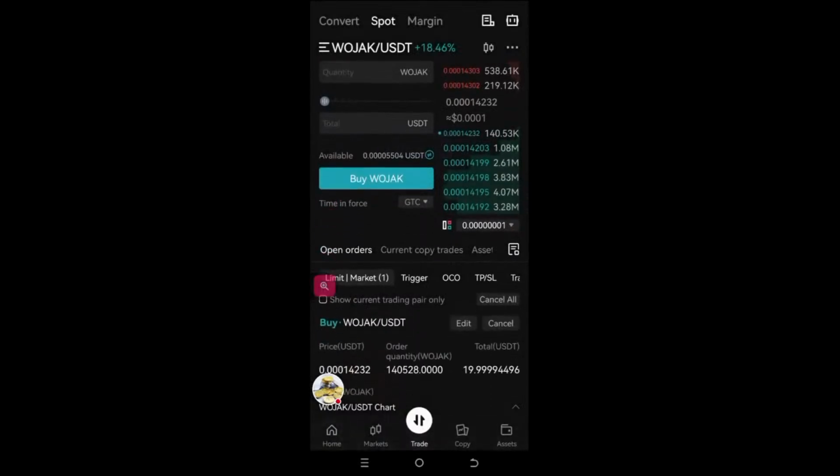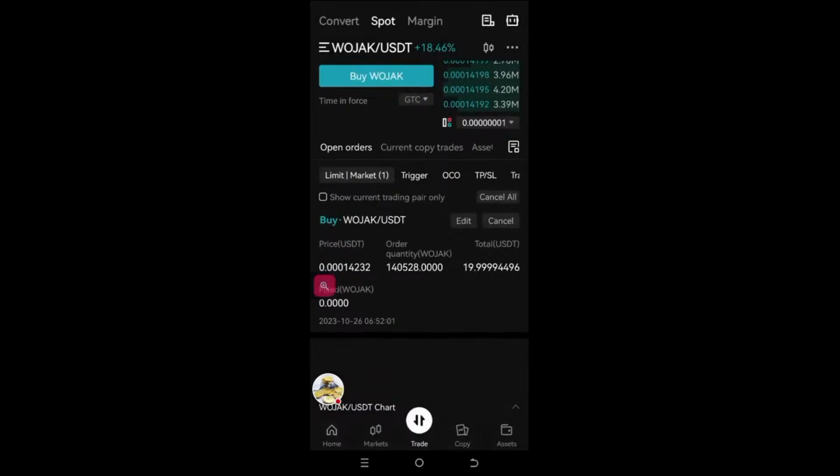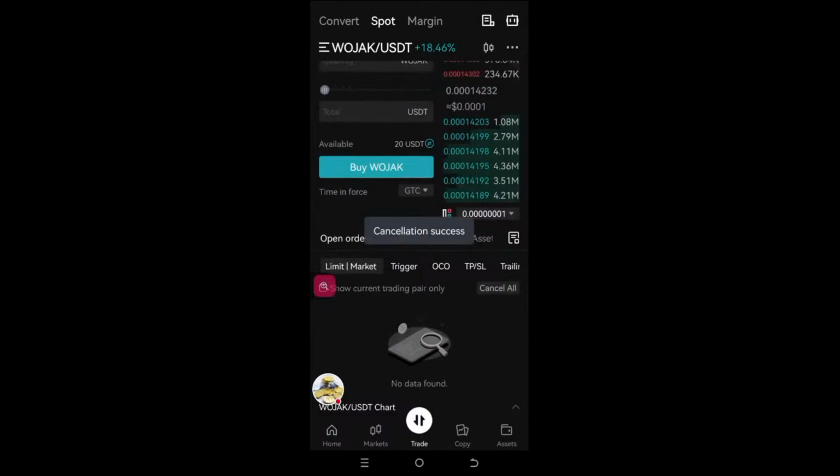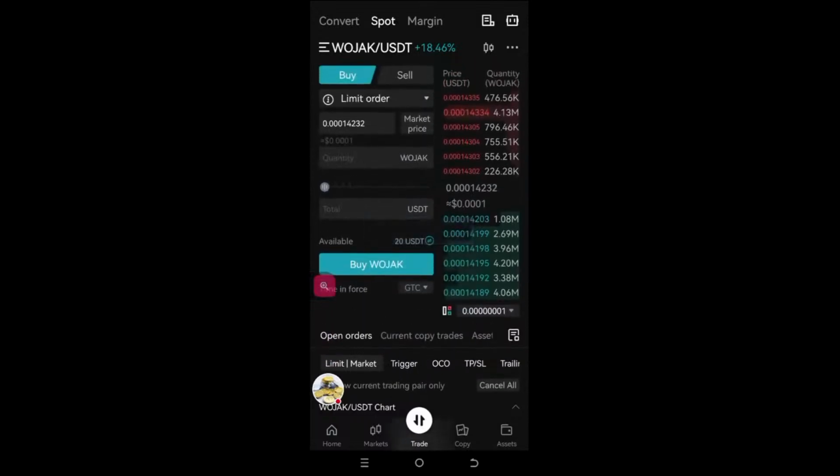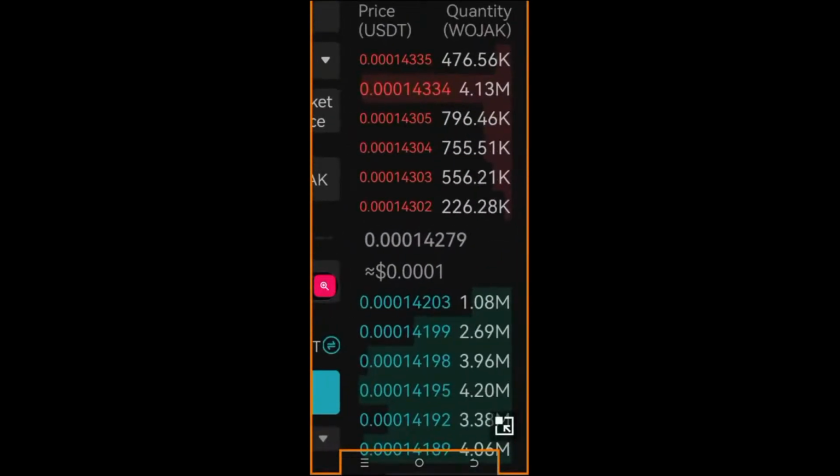Did it buy? Didn't look like it bought. Let me cancel it. Let's go check what's going on in the order book. We'll have to buy it at a higher price. Oh, see, the higher price is 14302. That's the reason why.